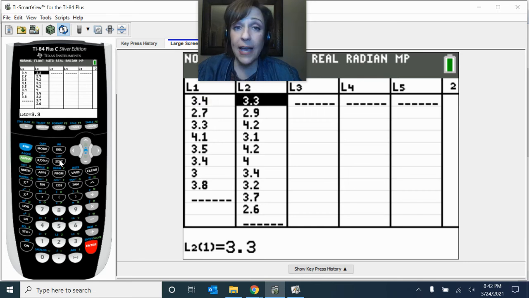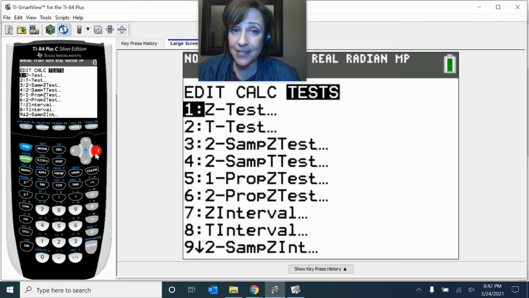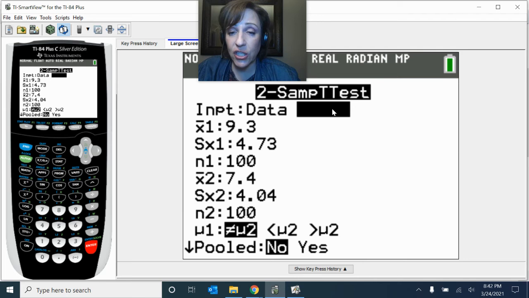So let's go calculate. Stat over to tests. Let's say we're going to do a 2-sample t-test, number 4. And look at the tab for the 2 ways you can input information. You can input information in the data section as raw data or as summary statistics.